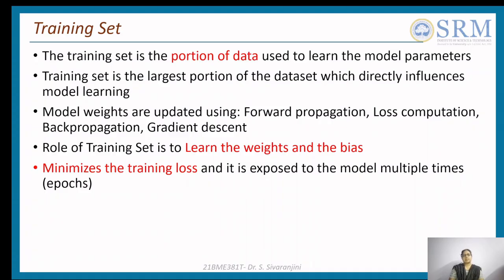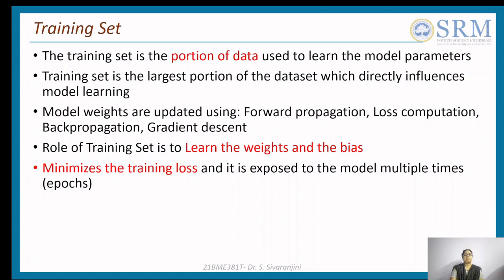And what is a test set? A test set is the main exam or the university exam that the student writes. So the learning, the practice exam and the university exam become the training, the validation and the test set.